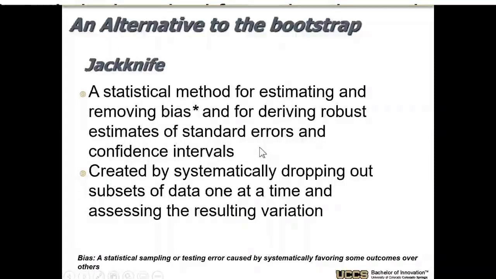So jackknife is a variation of bootstrapping, and it's really a method for estimating and removing bias. There's a couple of papers on this. I'm not really sure, because it's removing bias based on a set of assumptions of what's going to happen. It really only works well in some cases, depending on what the biases you're going to observe are. It works by systematically dropping out subsets of data one at a time and assessing the results of the variation.